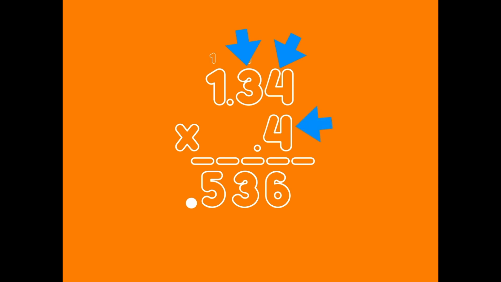So she knew there had to be 3 numbers after the decimal point in the product as well. Hundredths times tenths will give you an answer in the thousandths. So there's 1, 2, 3. 1 and 34 hundredths times 4 tenths equals 536 thousandths.